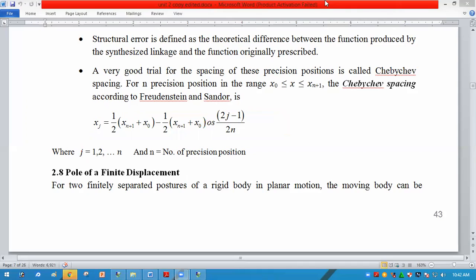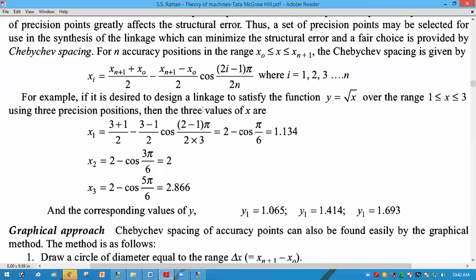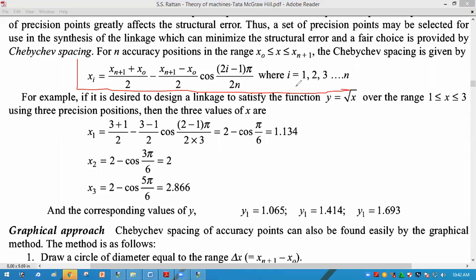So we will solve one problem based on the Chebychev spacing. This is the equation of Chebychev spacing, that is xi equal to (x(n+1) plus x0) divided by 2 minus (x(n+1) minus x0) divided by 2 cos of (2i minus 1) pi divided by 2n, where n equals the number of precision positions and i equals 1, 2, 3 up to the number of precision positions.